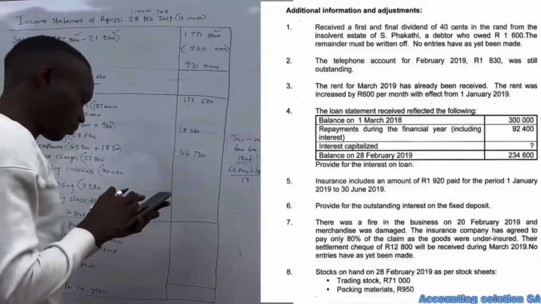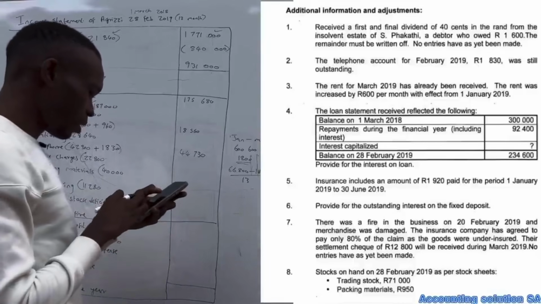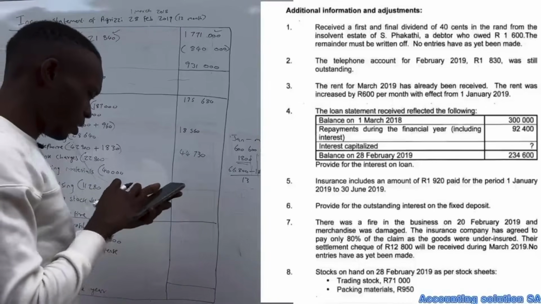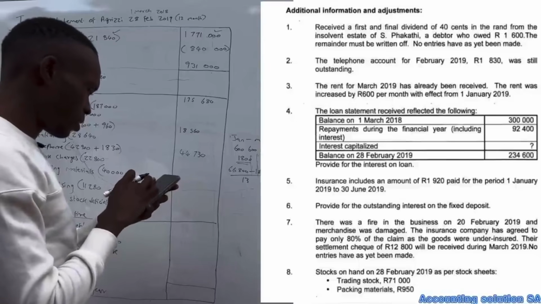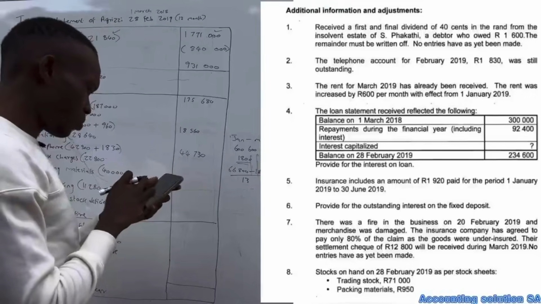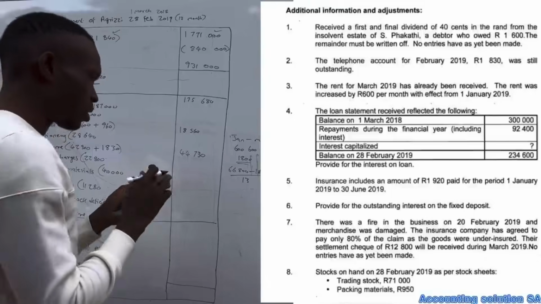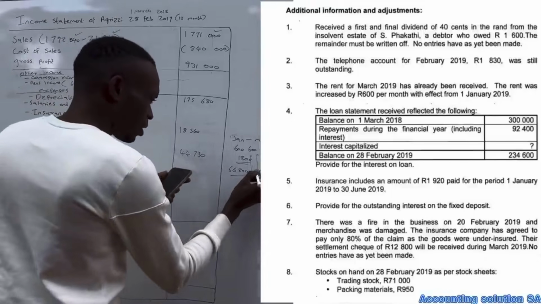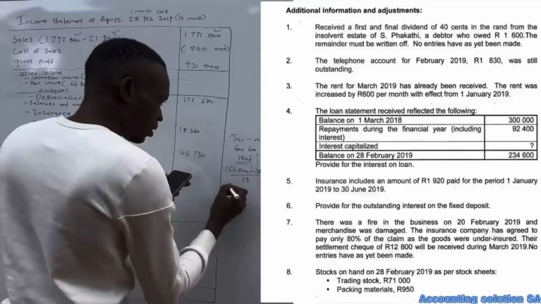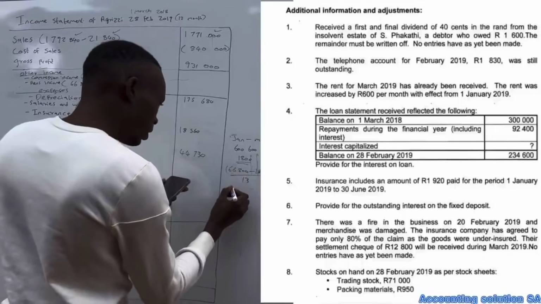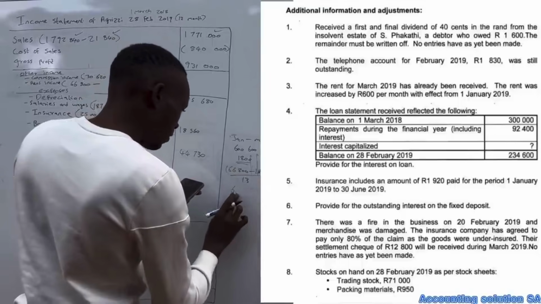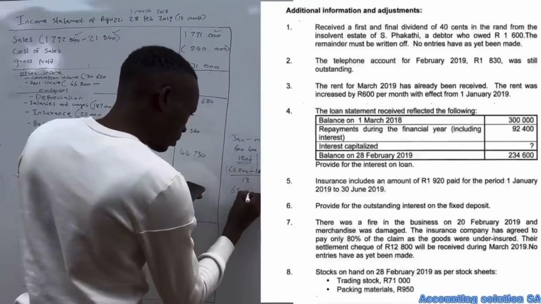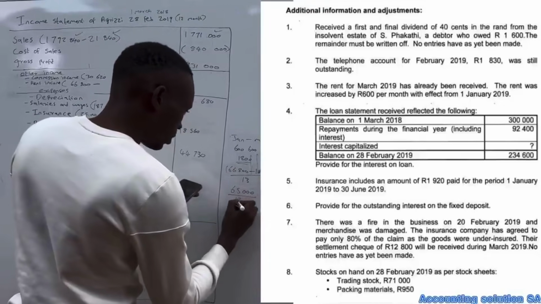Okay. If you subtract, let me calculate here. 66,800 minus that increase first, so that we can get the amount before the increase. You're going to get 65,000, and divide by 13.